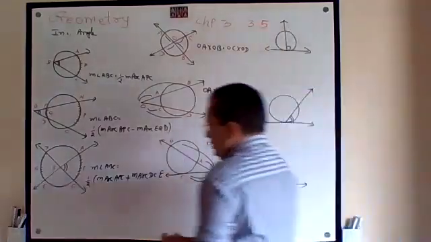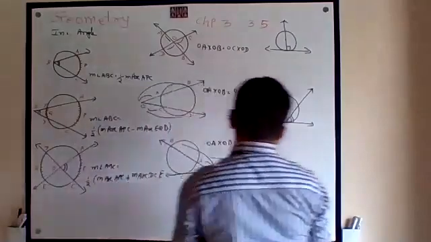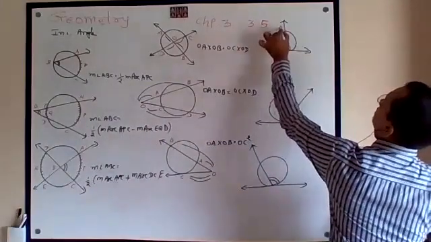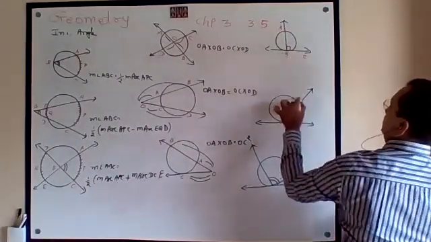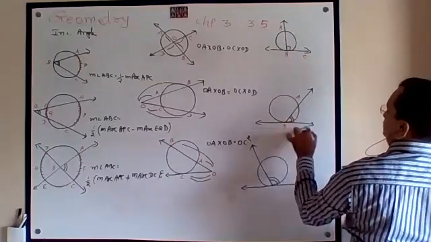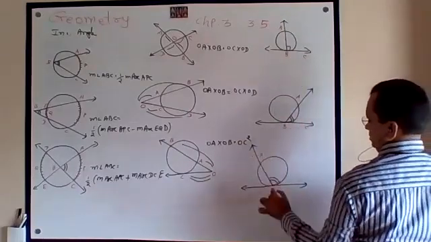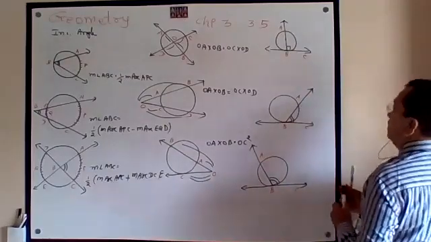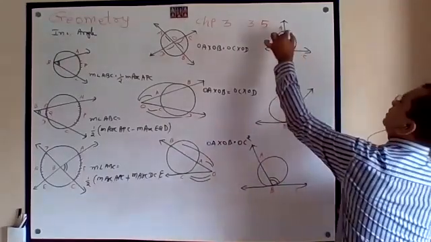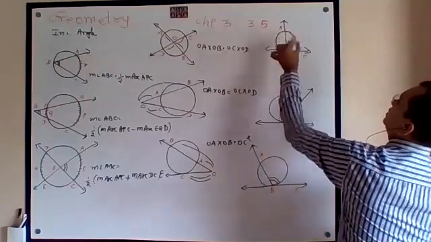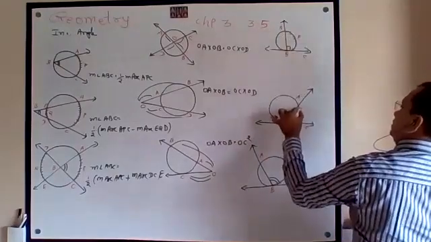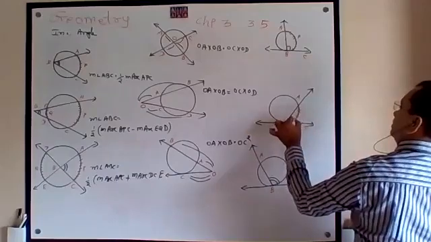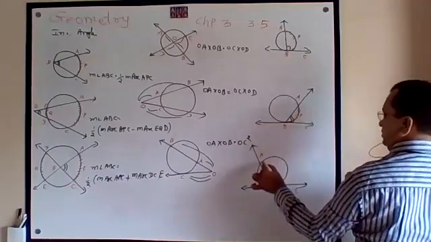So again I am writing the name of the angle as ABC. Now it is inscribed by this arc, APC. This is inscribed by this arc, APC.